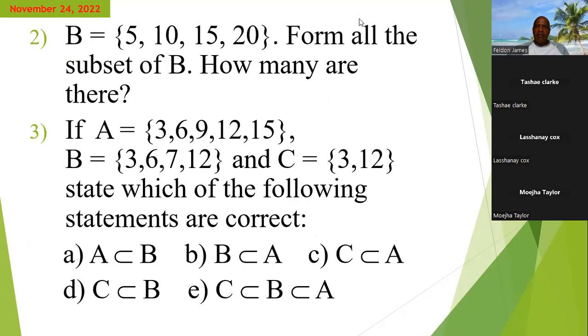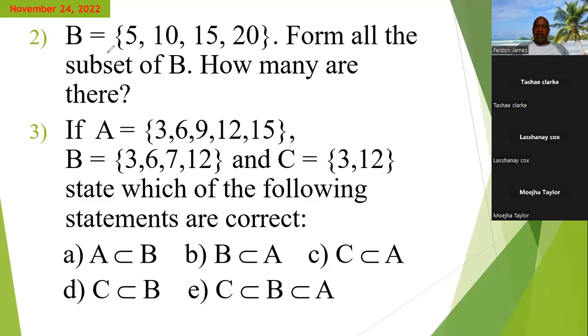All right, here we are continuing with our questions. Now we are at question 2. Question 2 says that B is the set 5, 10, 15, 20, and you are to form all subsets of B. I'm not going to ask you to do that, because I think you would already know, based on the first two examples, how to go about doing that.